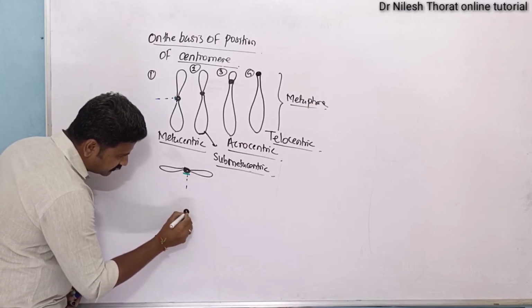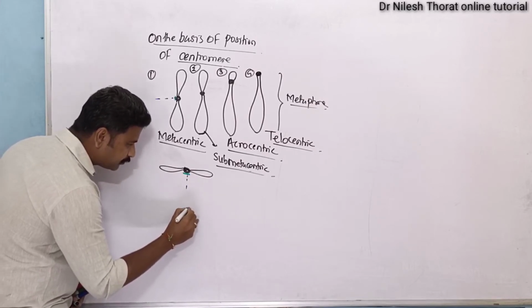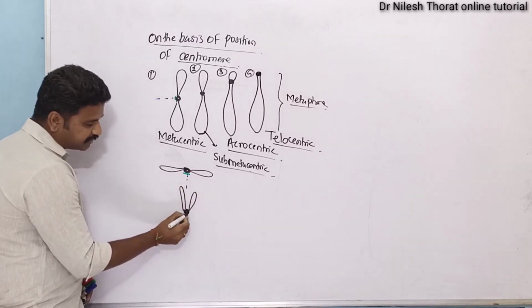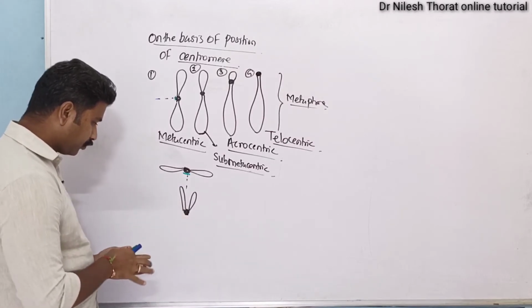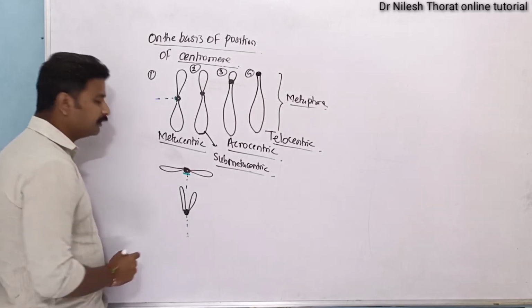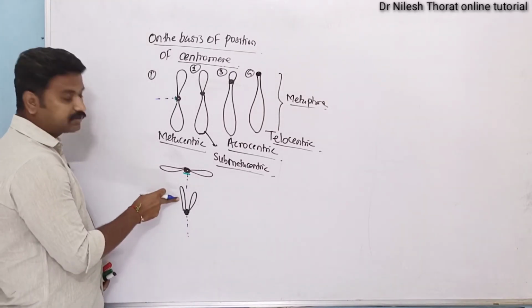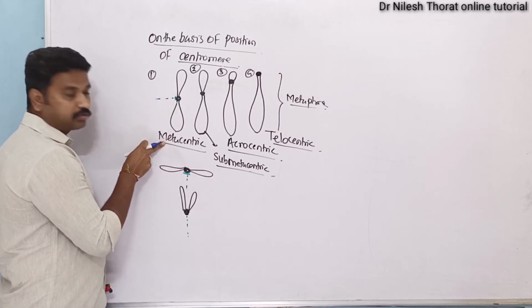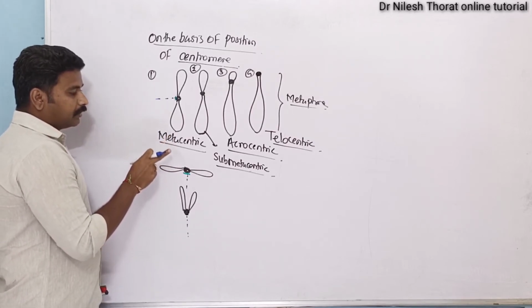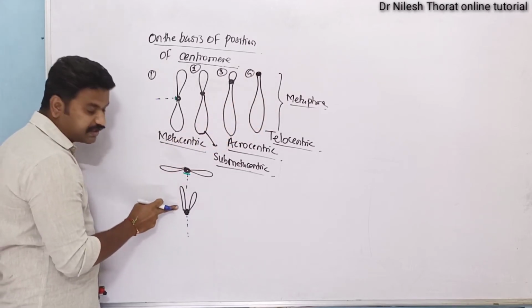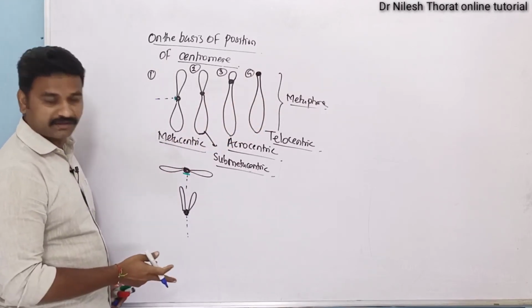We can visualize a centromere and both arms trailing behind, but both arms are of equal size. Such a structure which we can visualize during anaphase is called a V-shaped chromosome. So a metacentric chromosome in metaphase will look like a V-shaped chromosome in anaphase.